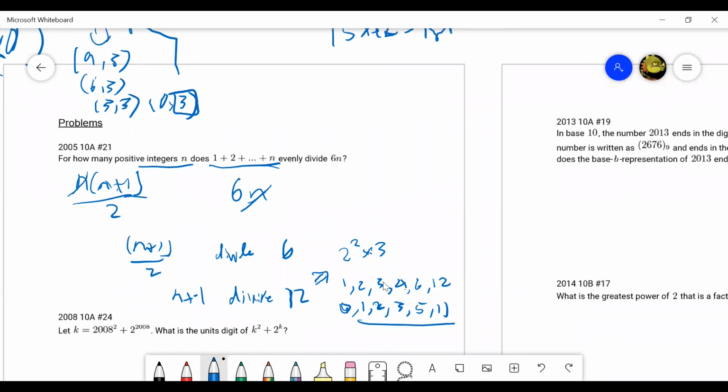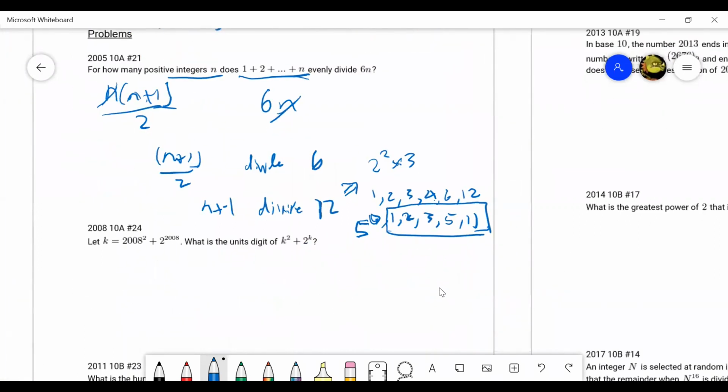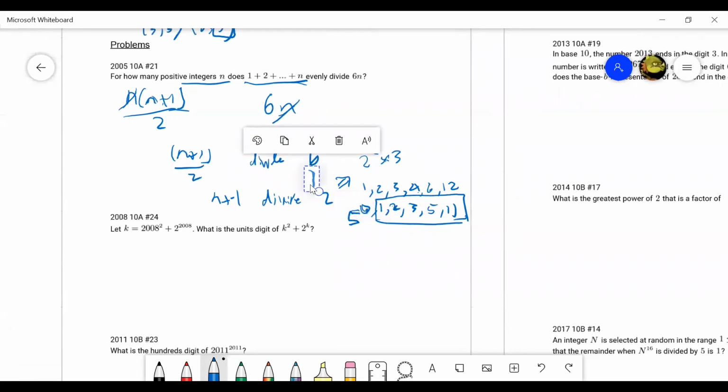So then there are 5 values here, 1, 2, 3, 5, and 11, that work. So there are just 5 integers. This one was super basic. I put it in here just so you can warm up to the logical process for working with the evenly divides stuff.